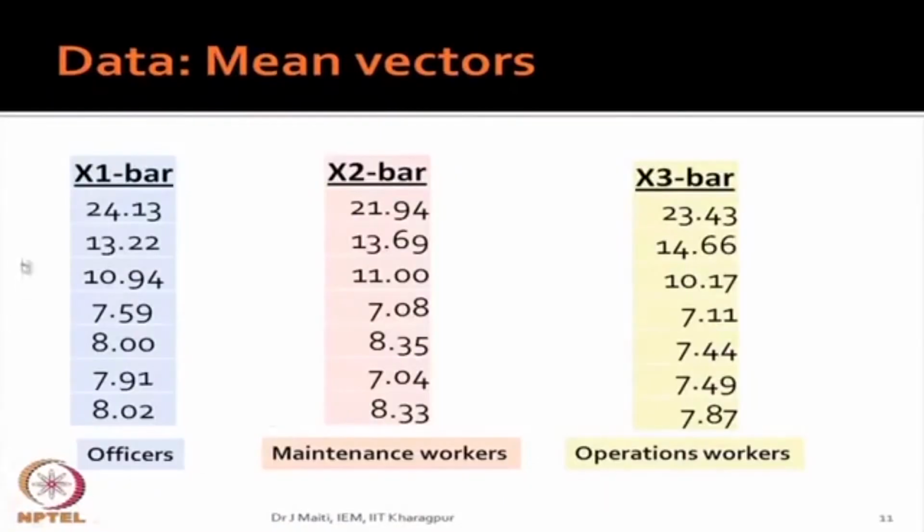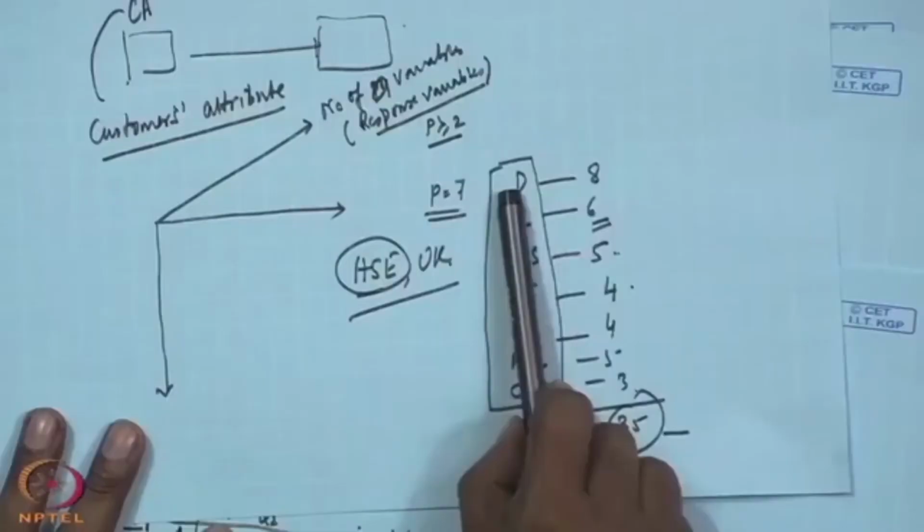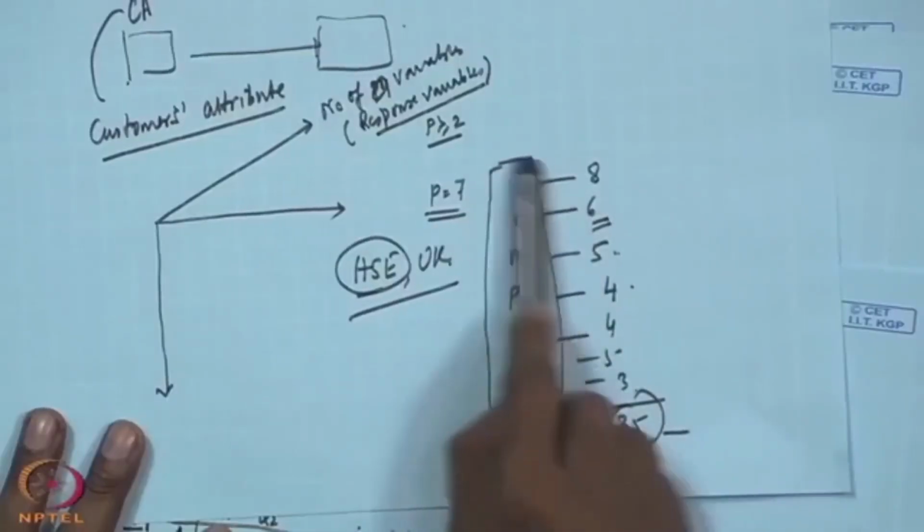You see now the data vectors. First you have developed questions, you have taken the responses, then you are creating the variable values. How do you create values? How many variables are there? 7 variables. How many questions are there against each variable? There are 8 questions, all different. What will be the demand value?